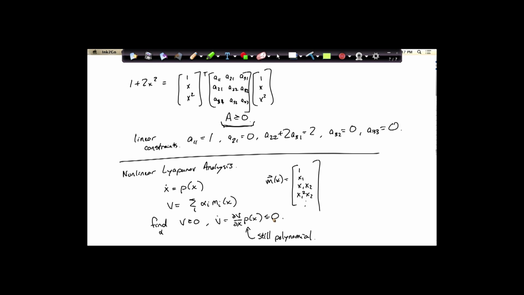Okay, so this is for global stability analysis. The other big thing we did was region of attraction analysis with the Lyapunov functions, right? So how do I do region of attraction analysis with this kind of a tool? This is a challenge for you, right?